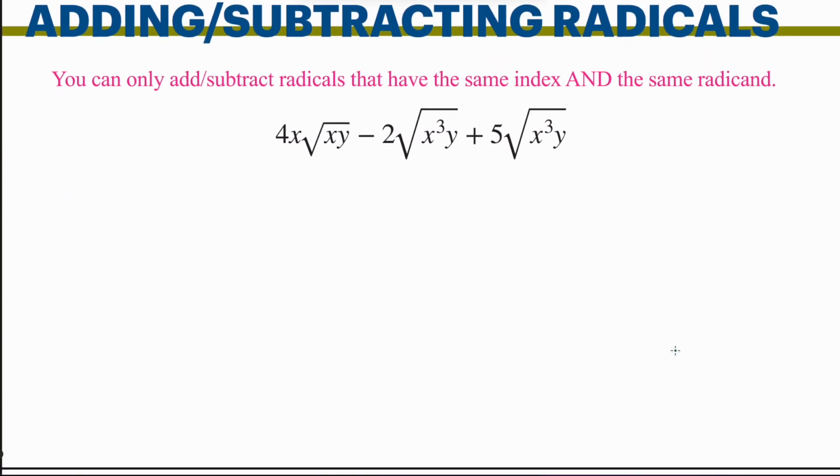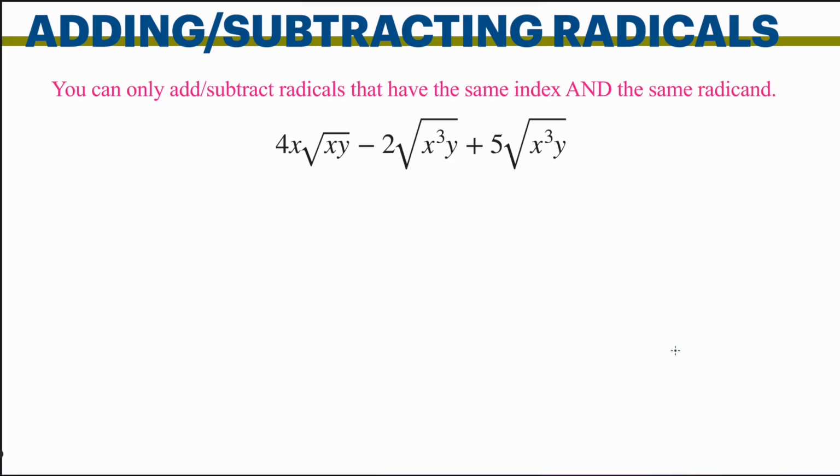So let's try another one. At first glance, this looks like this cannot be combined, or at least it looks like the second and third term could be combined. But don't forget, again, always simplify first.